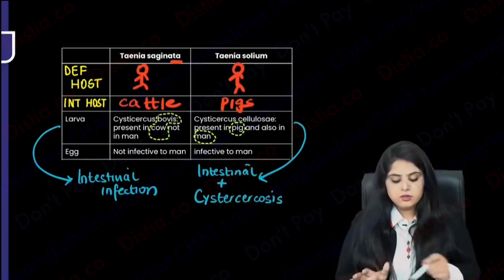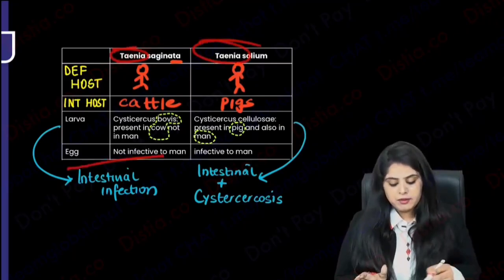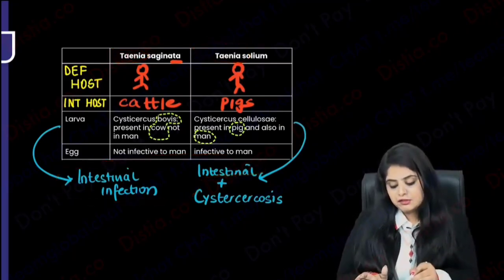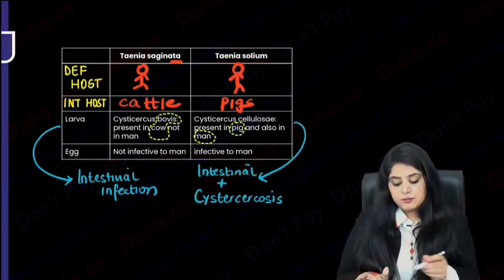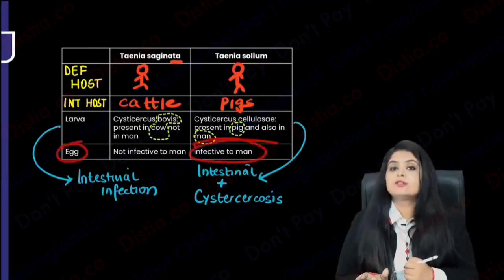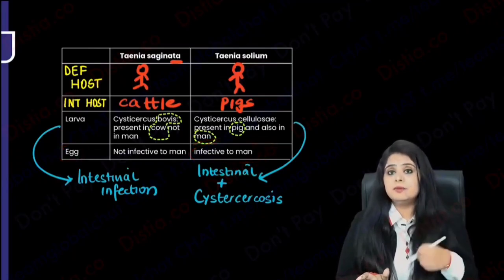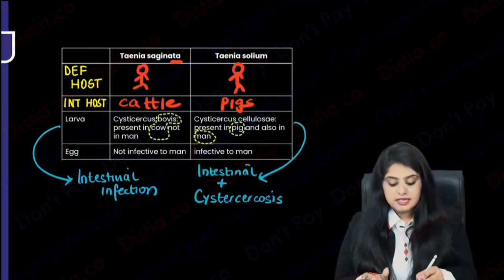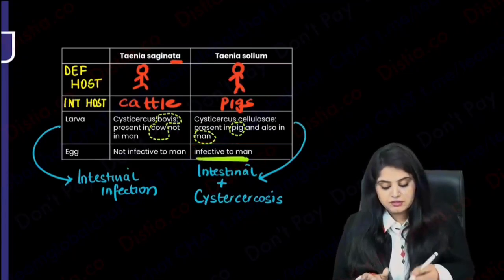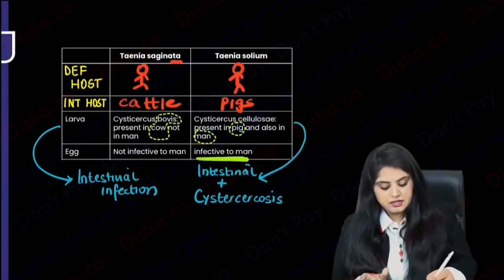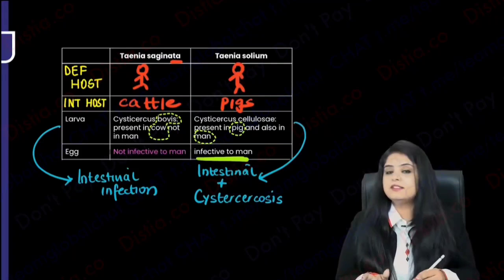Why, ma'am? Both of them are taenias, and both are causing intestinal infection. Why is solium causing everything? Because solium's egg is also infective to us. The eggs produced from these larvae and adults are also infective to us, whereas for saginata, the eggs are not infective to us. When the eggs are not infective, you will not have other organ involvements.